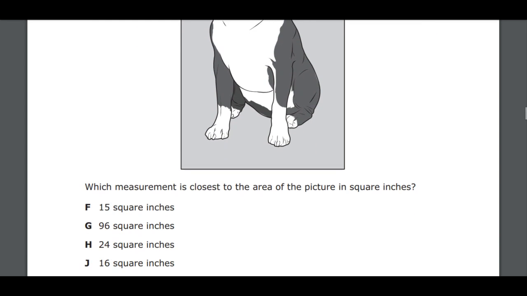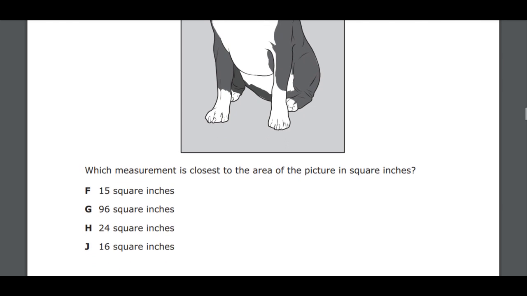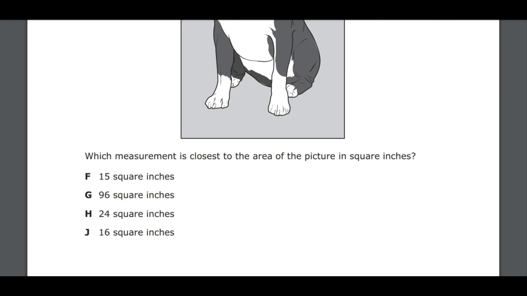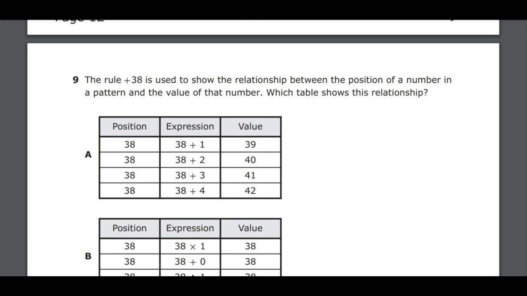Which measurement is closest to the area of the picture in square inches? F, 15 square inches. G, 96 square inches. H, 24 square inches. J, 16 square inches.